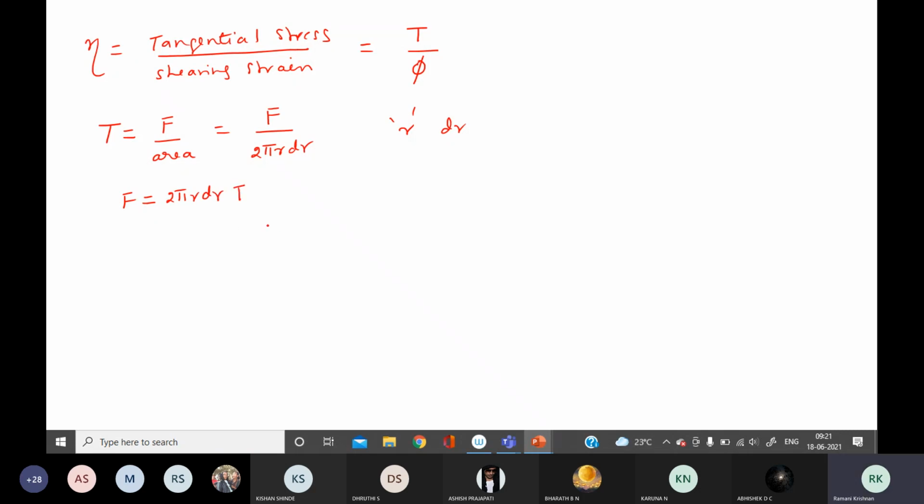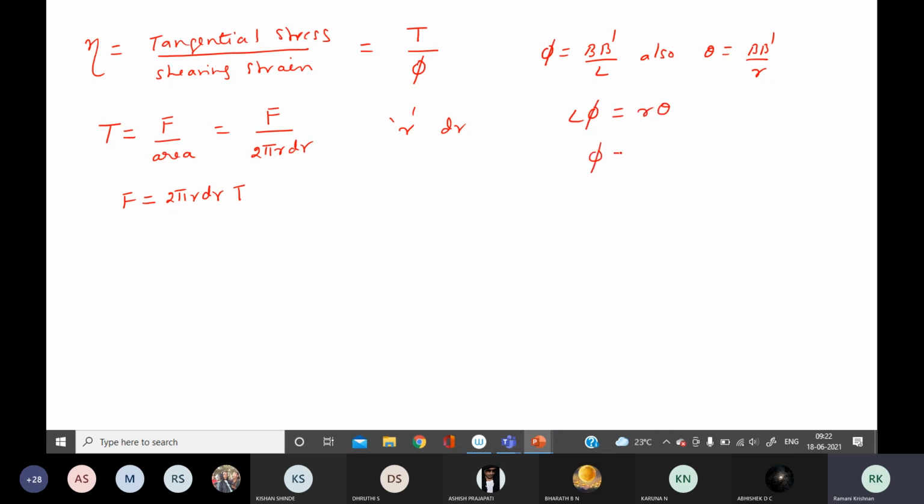Already we have written that phi is equal to BB dash by L, and theta is equal to BB dash by R. That means L phi is equal to R theta.